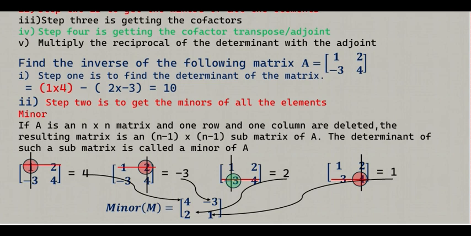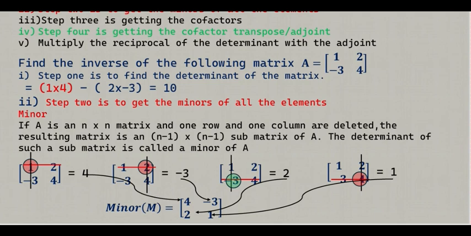Remember, a minor is a number, not a matrix. In case you get a matrix, as we are going to see with 3 by 3, we have to get the determinant of that submatrix first, but in this case we're just getting a number.